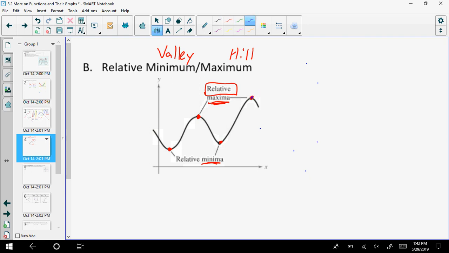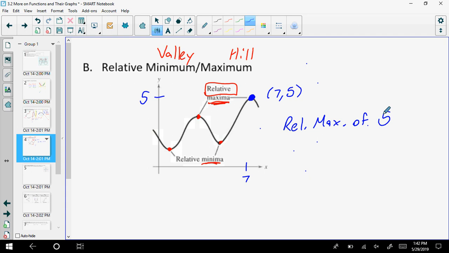So here's how we answer this. Let's say the ordered pair of this hill, let's say it was 7, 5. That's where it was located. So like I went over 7 and then up 5. We would say we have a relative max of 5.